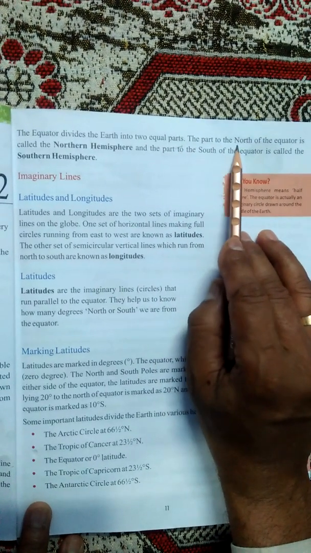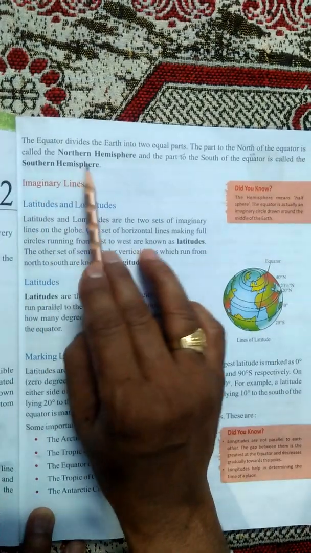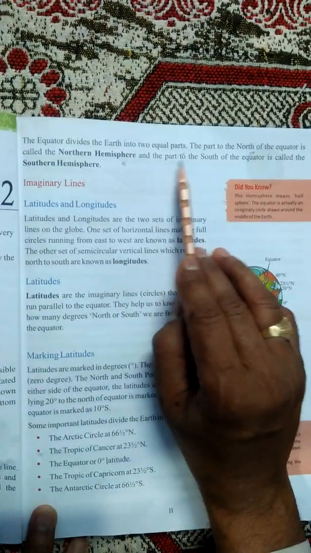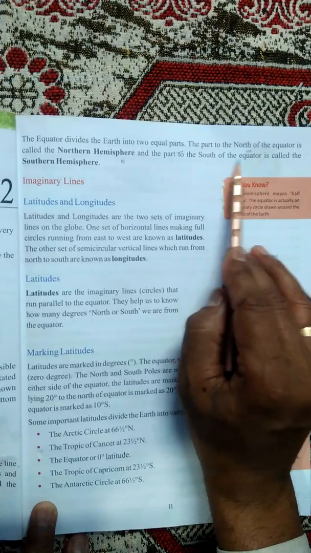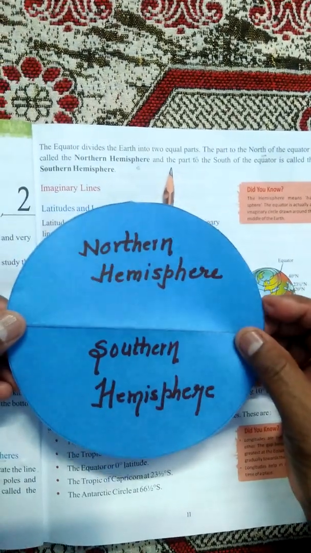The part to the north of the equator is called the Northern Hemisphere, and the part to the south of the equator is called the Southern Hemisphere. Here you can see, for example, this is our earth.